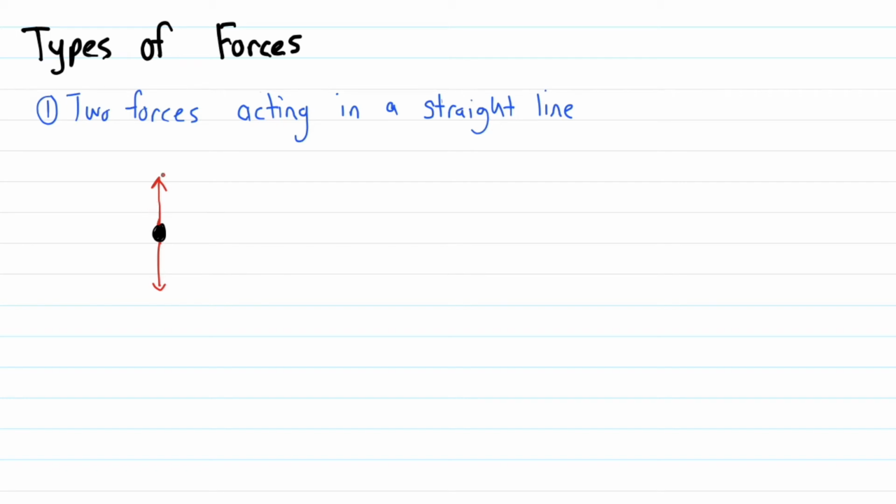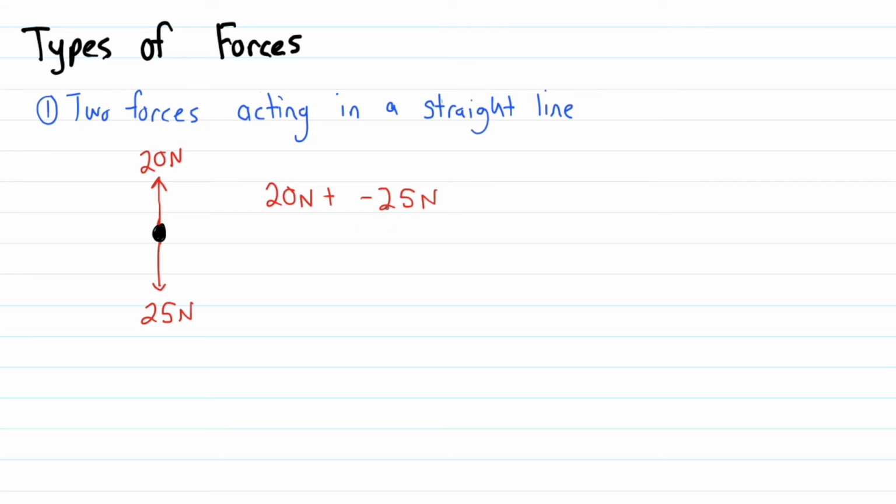So for this example, I'm going to assume the top is the positive and the bottom is the negative. If I'm given a top force of 20 Newton and a bottom force of 25 Newton, and we have to find the resultant force, we go 20 Newton plus minus 25 Newton.